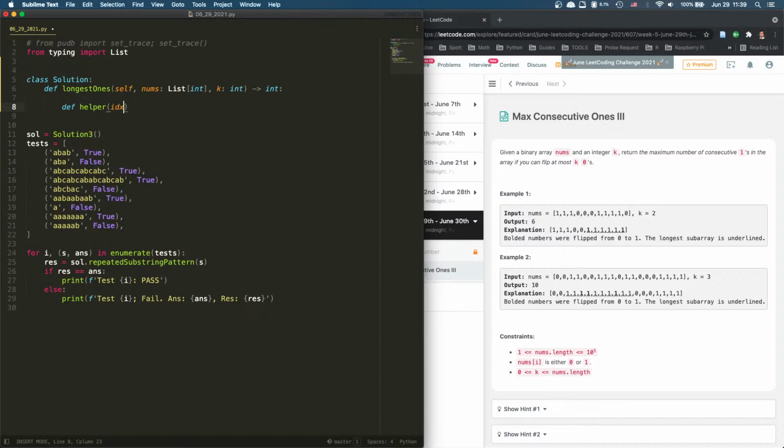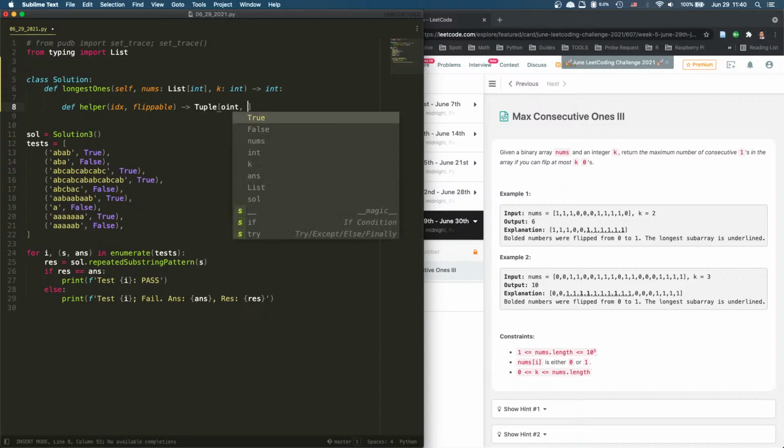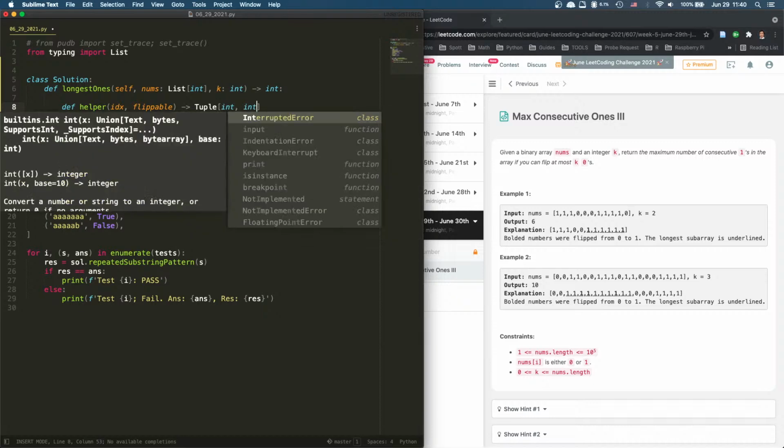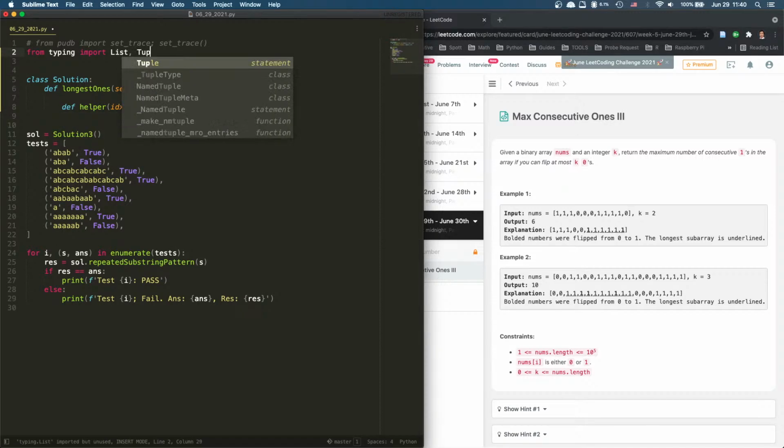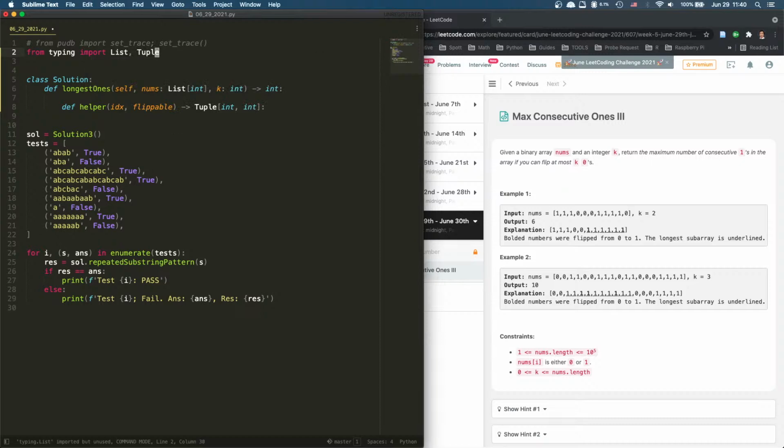A k, the remaining flippable, right? Remaining flippable. That's about it, right? And then this one is going to return a tuple of int and int. So we'll probably need to say tuple here as well.